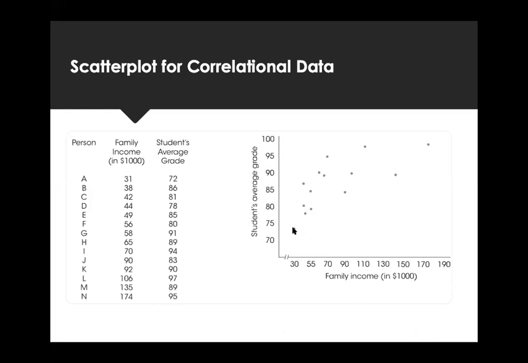So let's just take one point. Person A, family income, in units of $1,000, is 31, and the average grade is 72. So that's probably this first dot right here. It's around 31 in terms of income and 72 in terms of grade. And each one of those 14 people is plotted here with a dot.